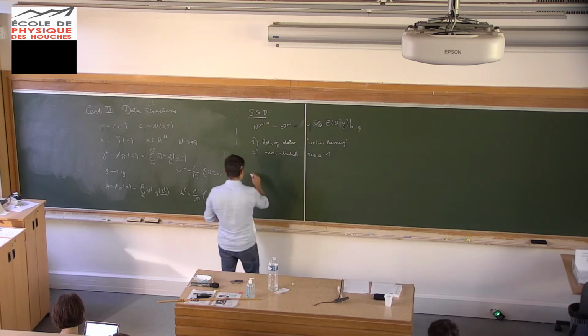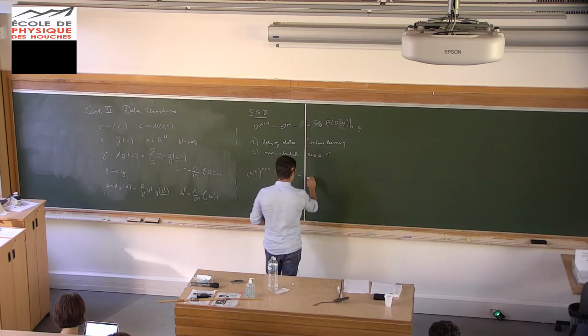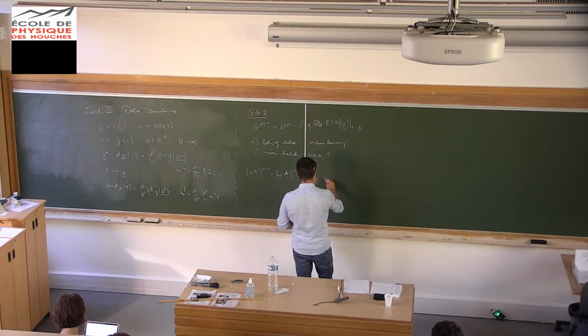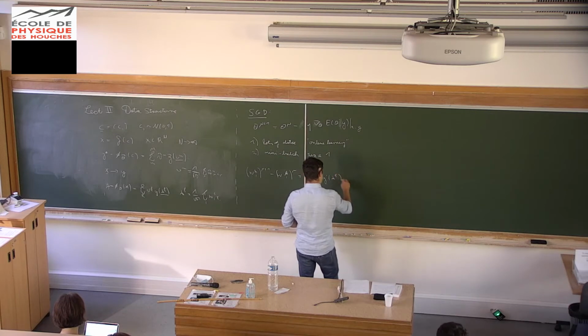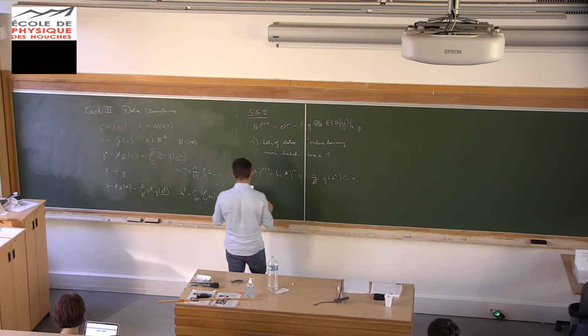Okay, let's write down these equations a bit more in detail. So the updates for the first layer, for a quadratic loss and this type of neural network, look something like this.